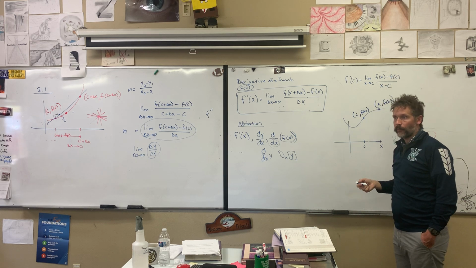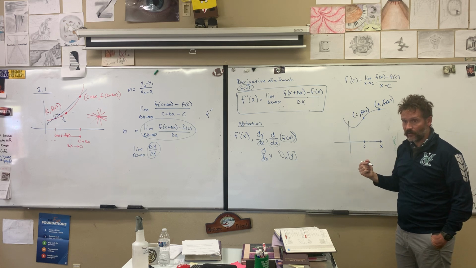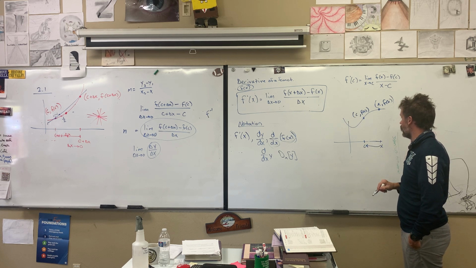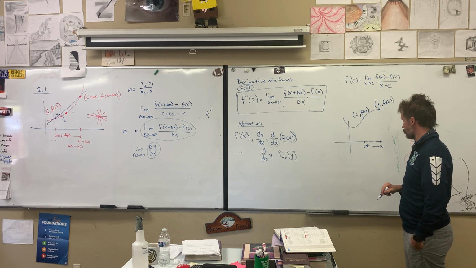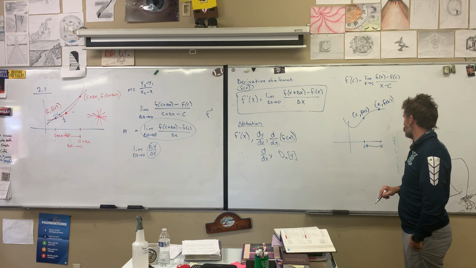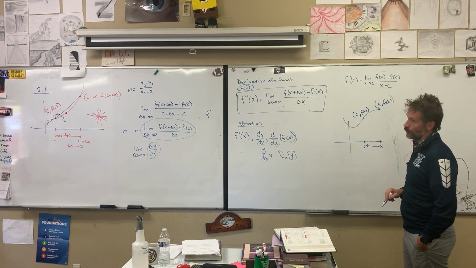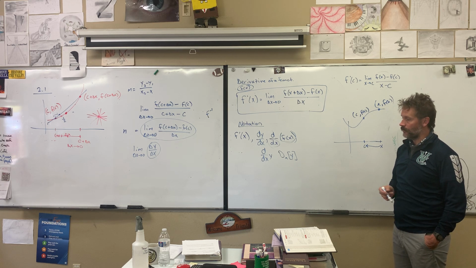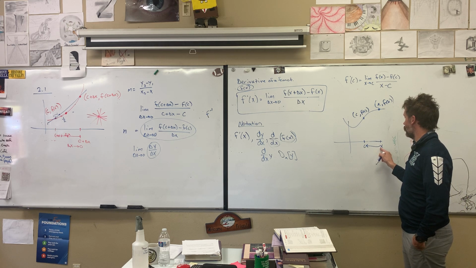But we need a limit process that moves the points infinitely close, and they're going to take x and move it close to c. You can think of it as the change in x approaching 0, because the value is getting smaller, but here they're saying x is approaching c.